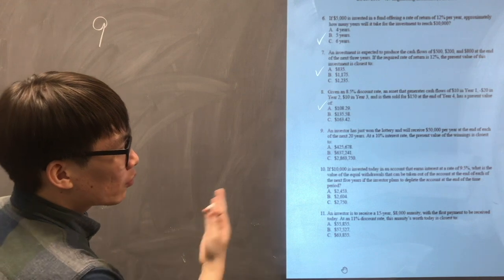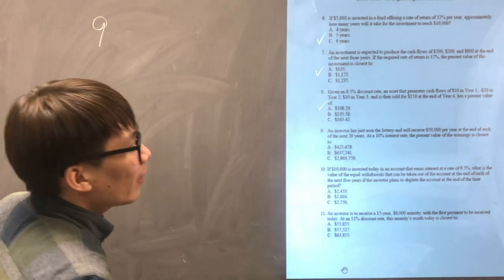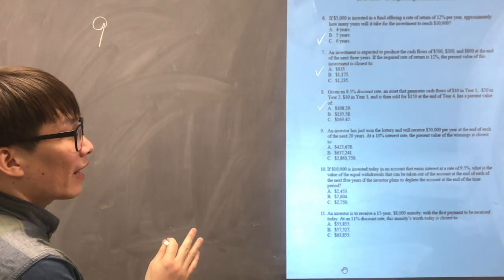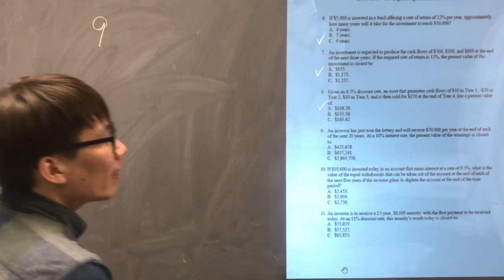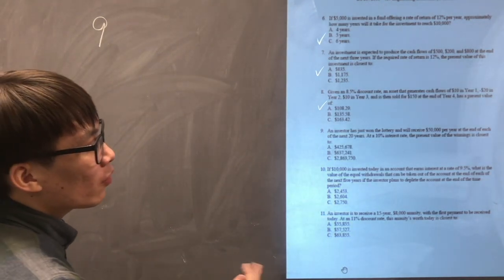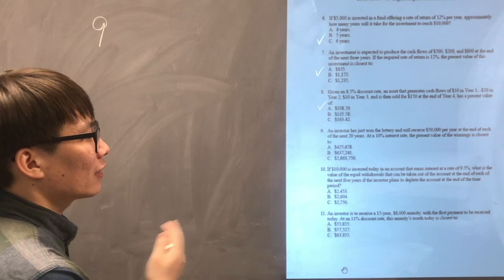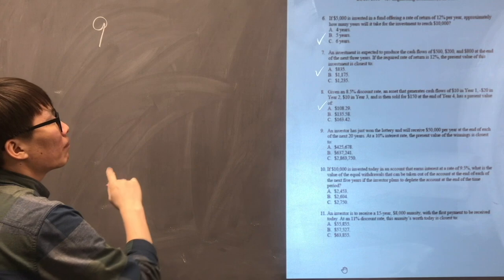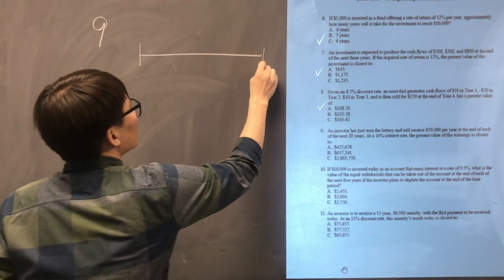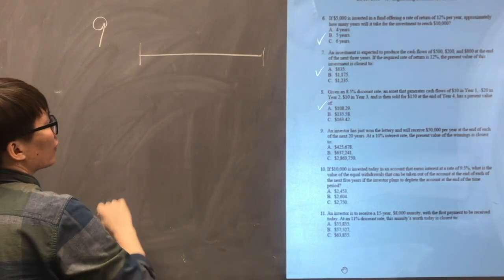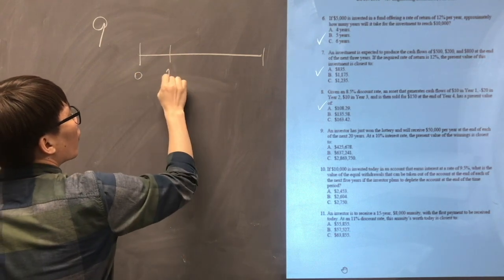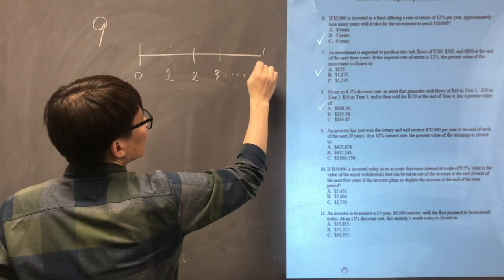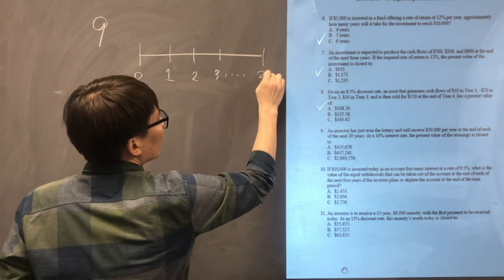Now, question 9. An investor has just won the lottery and will receive $50,000 per year at the end of each of the next 20 years. At a 10% interest rate, the present value of the winnings is closest to what? Basically we need to figure out the present value, but this is a little different because it's an annuity question, right? So 0, 1, 2, 3, dot, dot, dot, next 20 years, 19, 20.